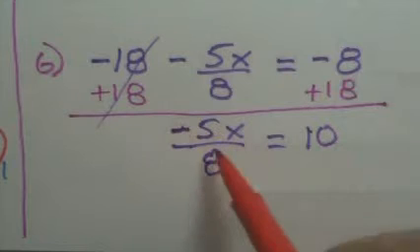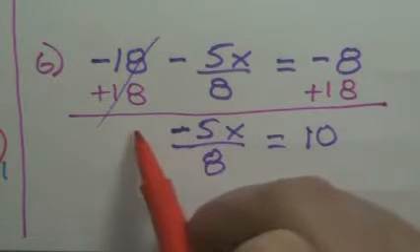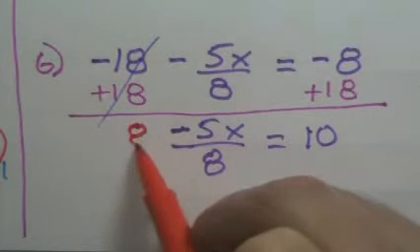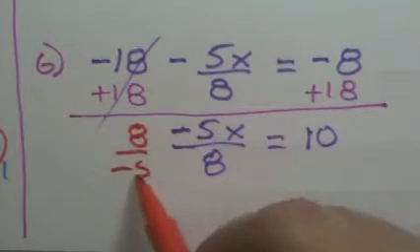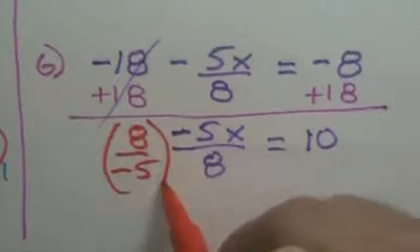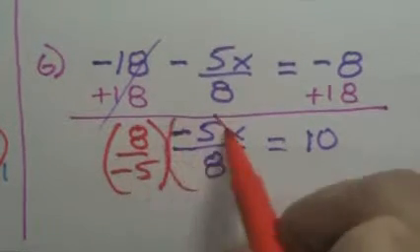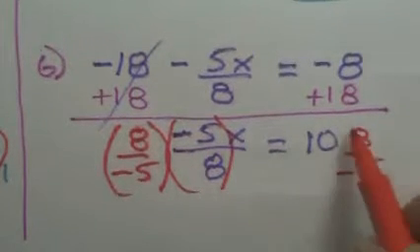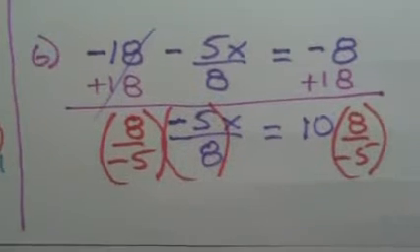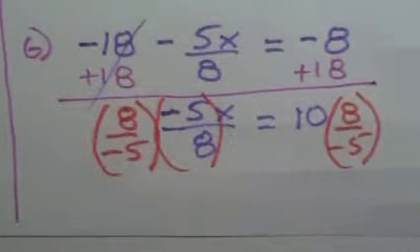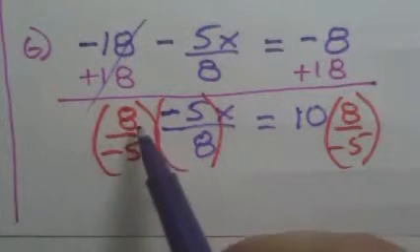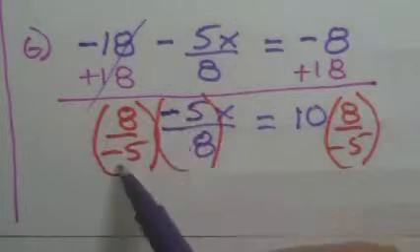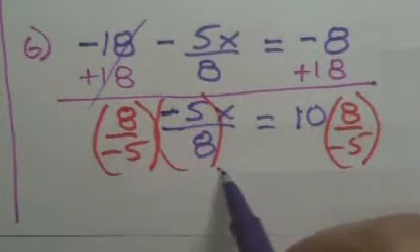Okay, how do I get rid of this fraction again? Reciprocal. Okay, I'm just flipping it. So this reduces all to 1, negative 5, 8 and 8. You're left with just the letter x.